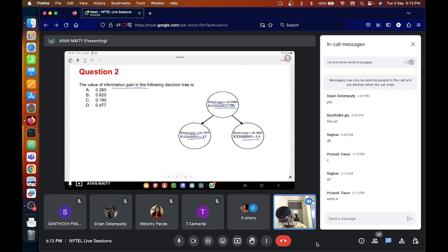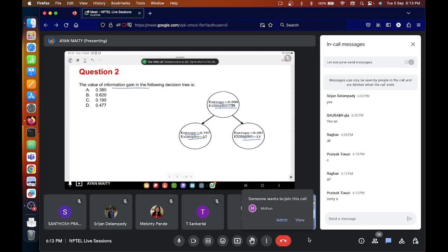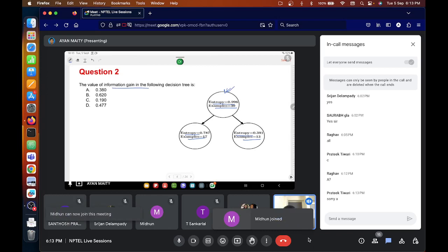For this question, you have to find out the information gain. For information gain, first you need to get the entropy of the whole dataset, which is this root. The entropy of the root is given, which is 0.996. This is the entropy of the complete dataset.